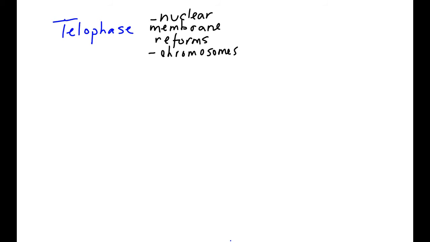Nuclear membrane reforms. And the chromosomes uncoil. So this is where your diagram looks a bit like a peanut in a peanut shell.